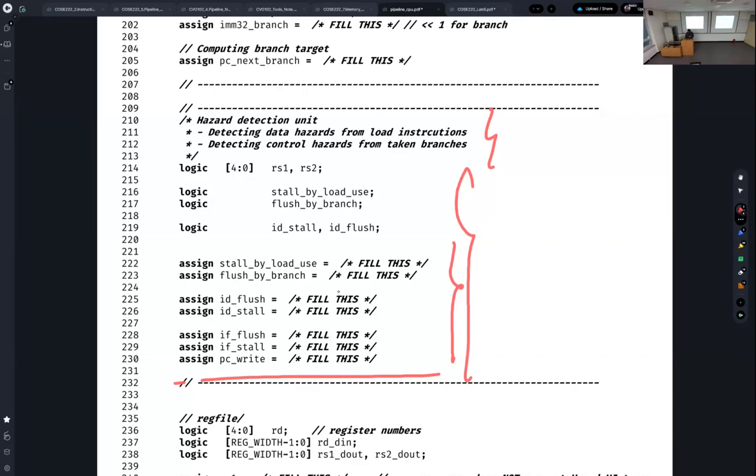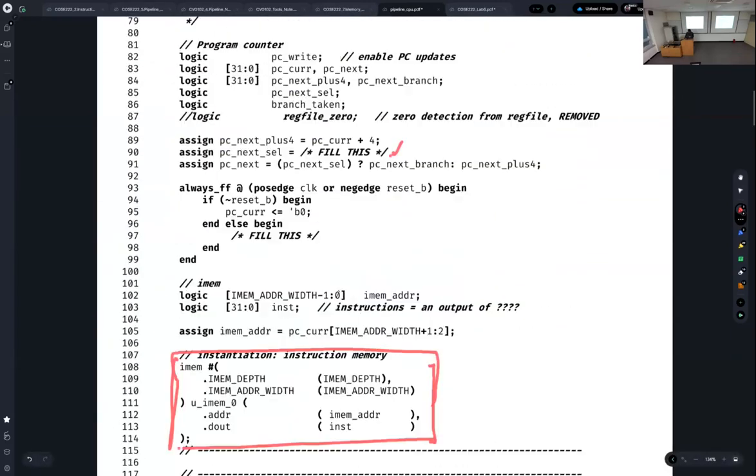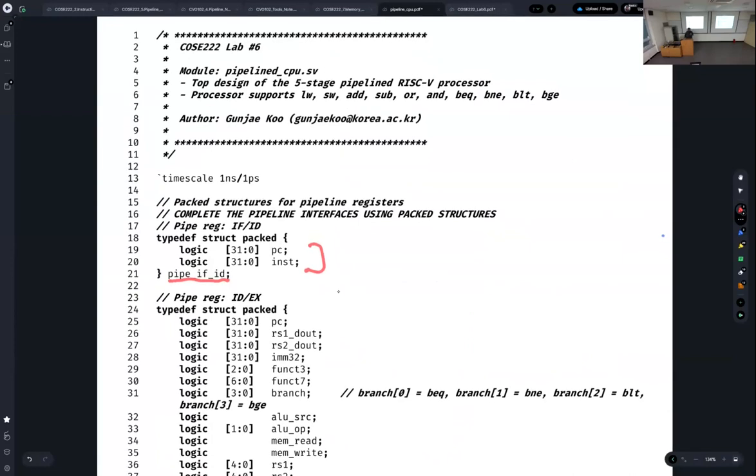Even though you did not complete the single cycle processor design, don't worry. If you open the compressed file, you can find the complete single cycle processor design. It's a complete design, right?